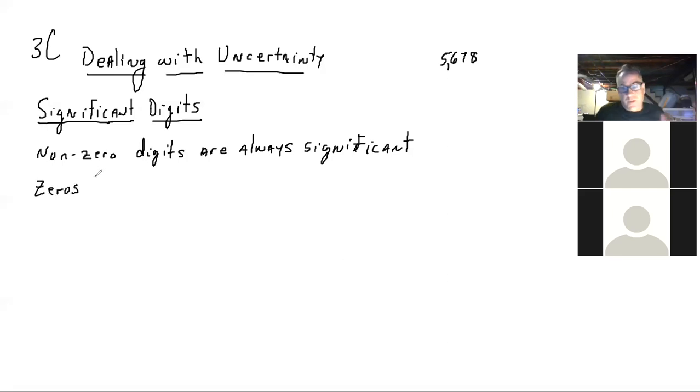Zeros. Once we say all non-zero digits are significant, that leaves one other digit, 0. So it's now just an issue of deciding whether in a number 0 is significant or not.